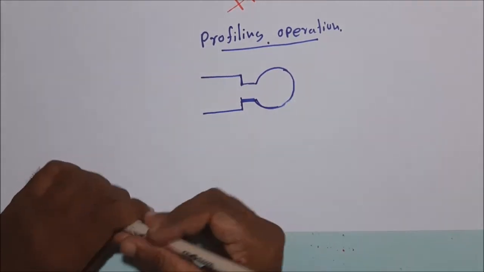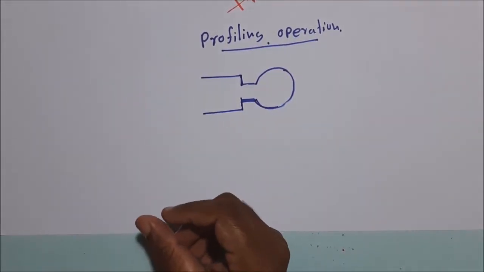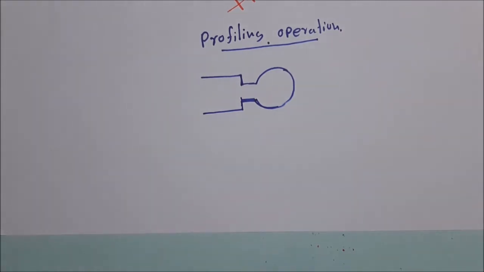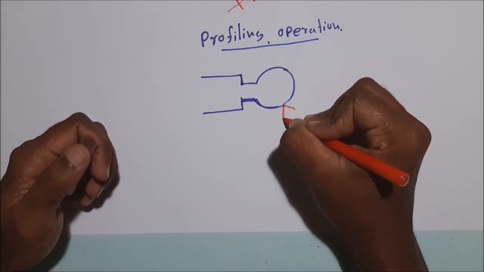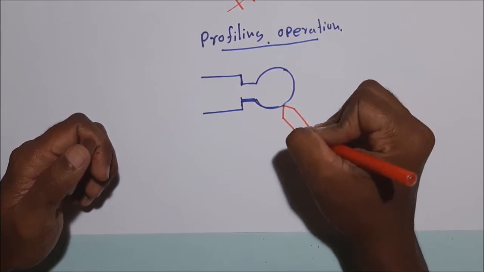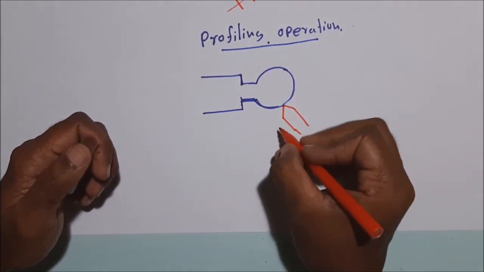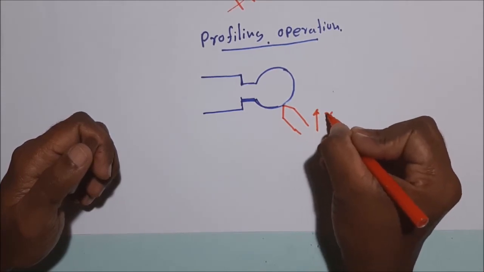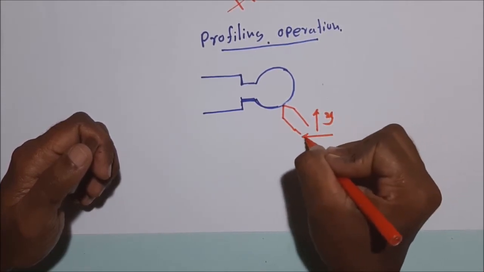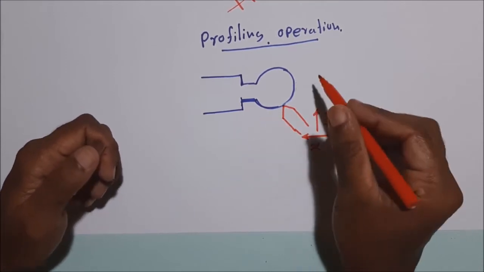In this situation, there is no perfect method to manufacture this component using the conventional lathe machine. The tool has to move simultaneously in the y direction and also the x direction to get the required geometries.